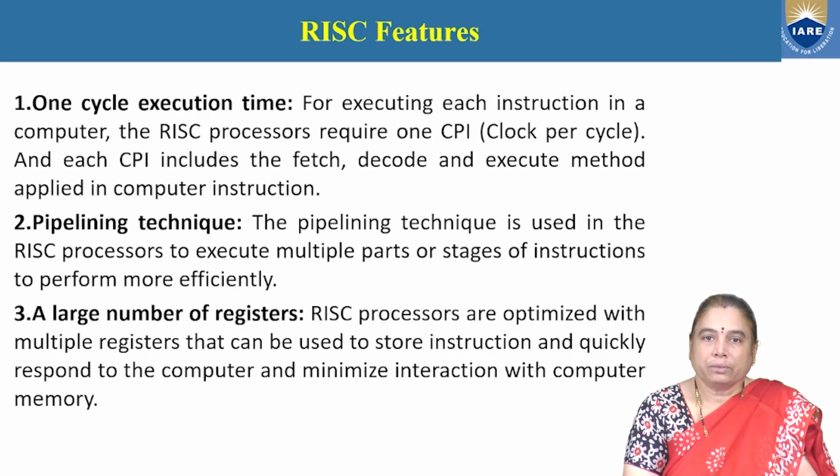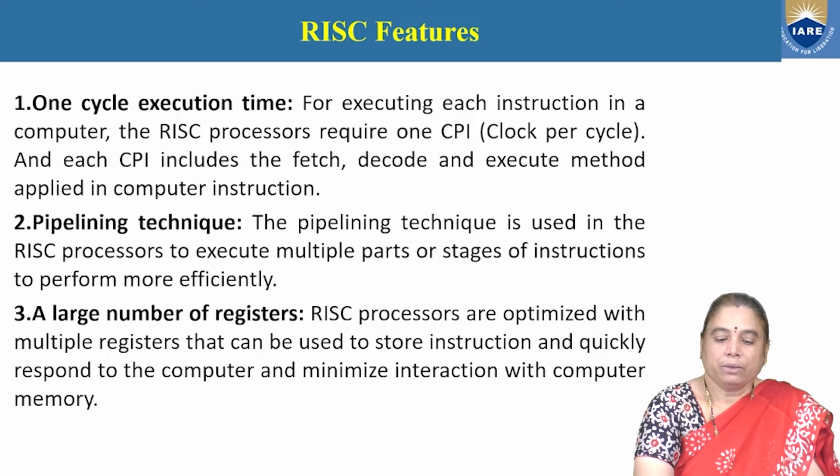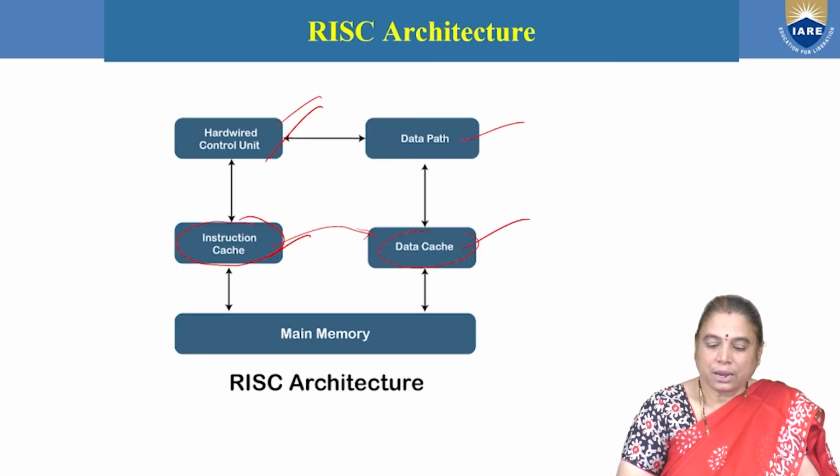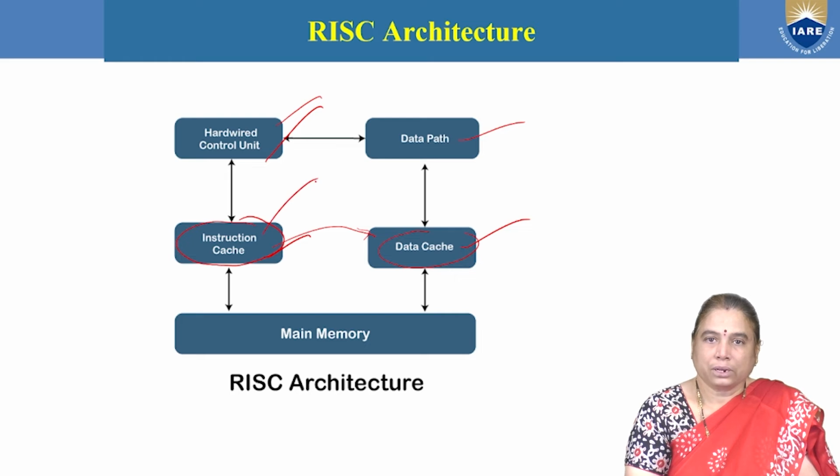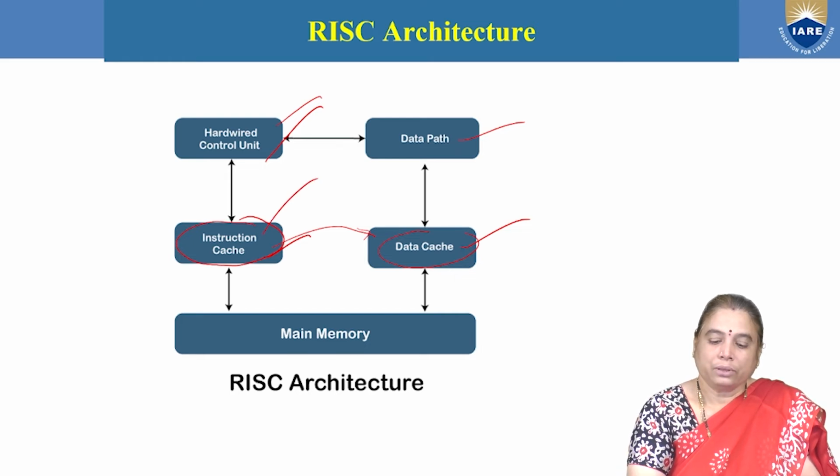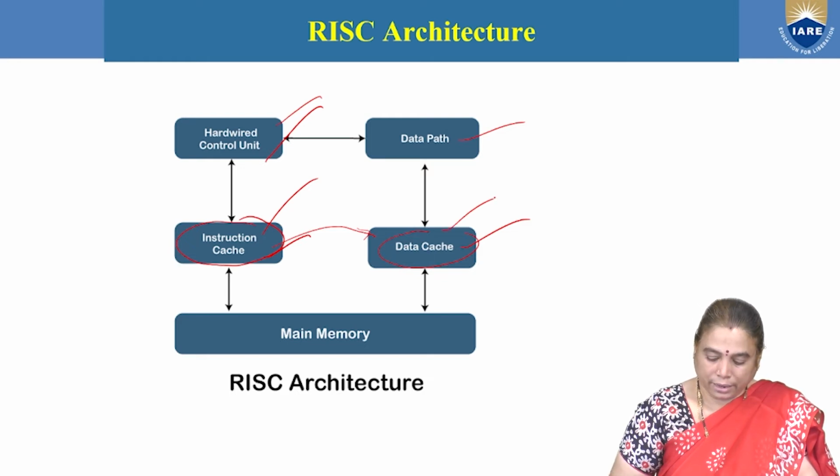Now we have to discuss the features of the RISC. The first is one cycle execution time. Why? Because the instruction is available in the instruction cache, and the data on which it operates is readily available in the data cache.